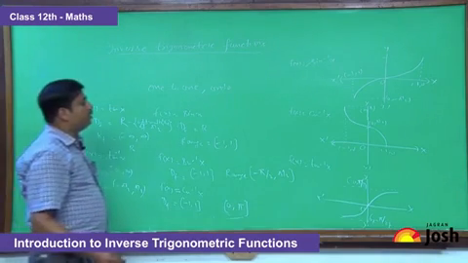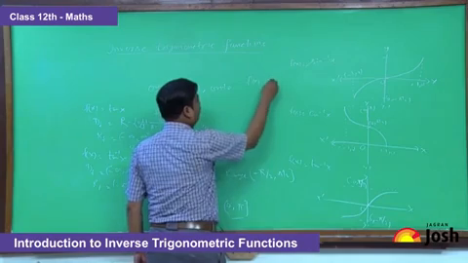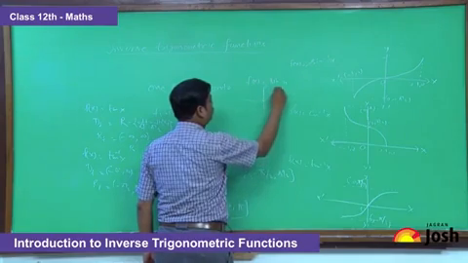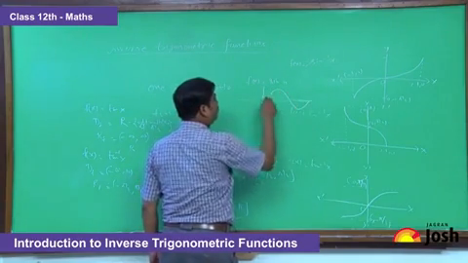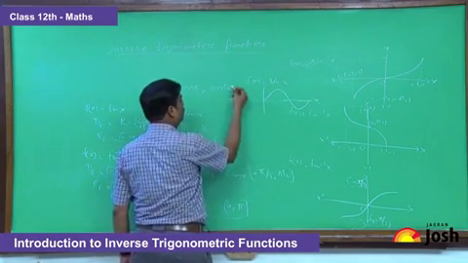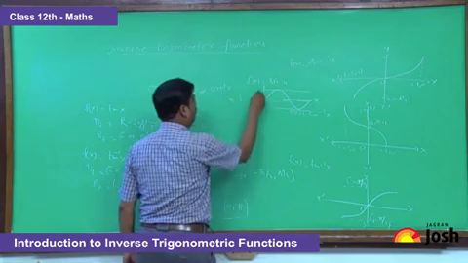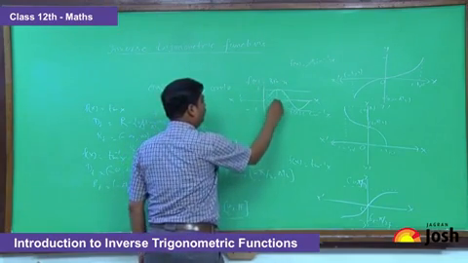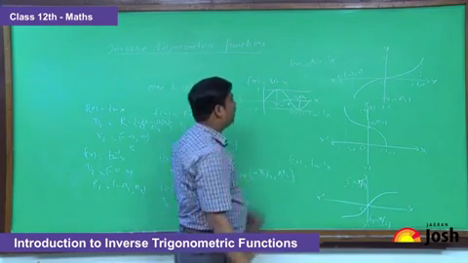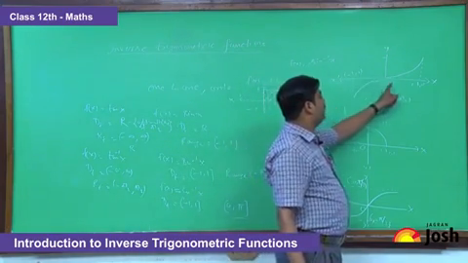Also, we know that the graph of the function sin x is of the form like this. It varies from -1 to +1. And if we draw the graph for sin inverse x, its graph comes out to be like this.